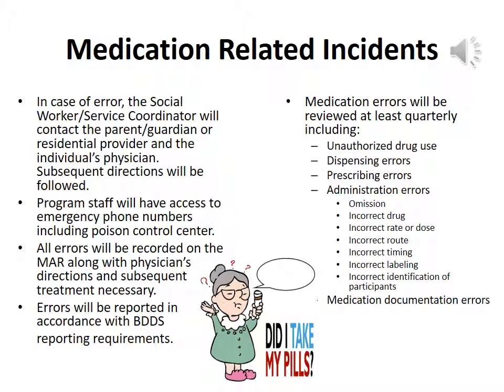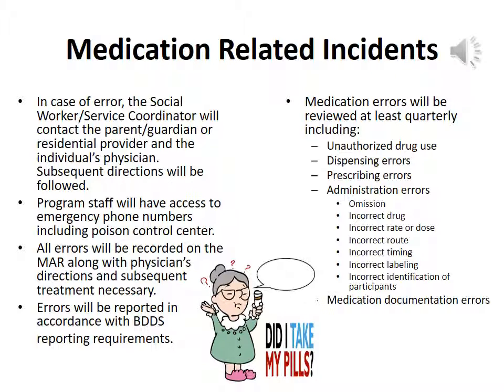Medication-related incidents. In case of an error, the social worker or service coordinator will contact the appropriate person and get subsequent directions that we should follow. For example, should we continue to administer the medication even though we're administering it late, or should we not administer the medication at all?